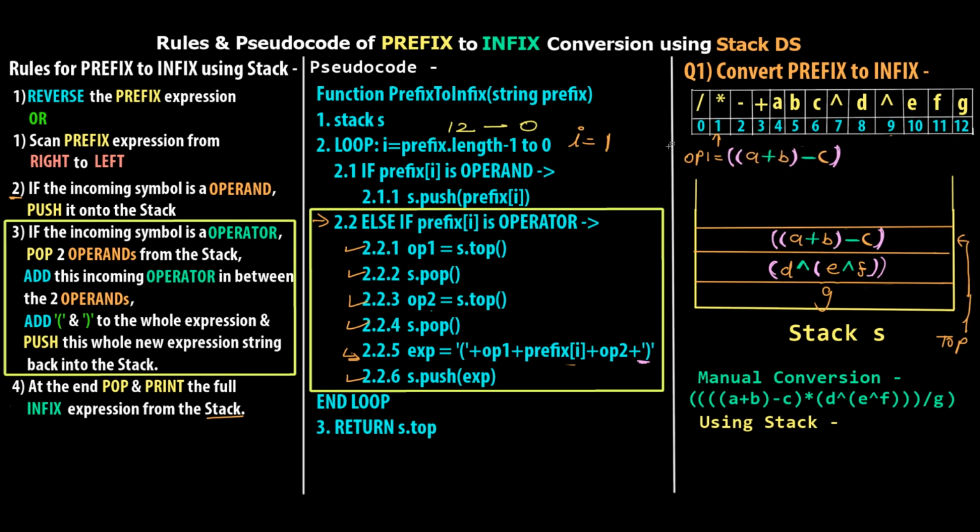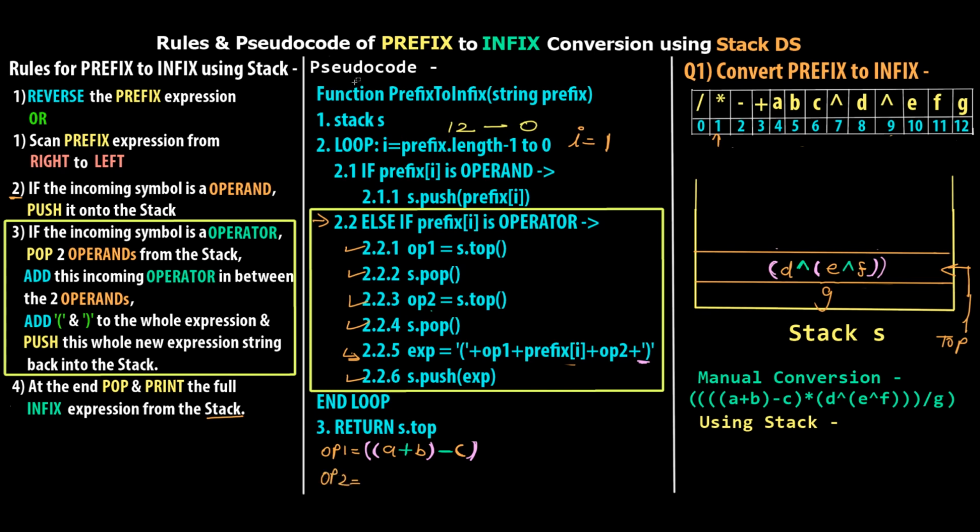Let me just take this entire OP1, OP2 and the expression formation over here, okay? Because we don't have enough space over there. So we remove this top of the stack by putting it in OP1. Now the new top of the stack is this expression. So that is stored in OP2. So let me write OP2 over here. And let's take this expression and put it in OP2.